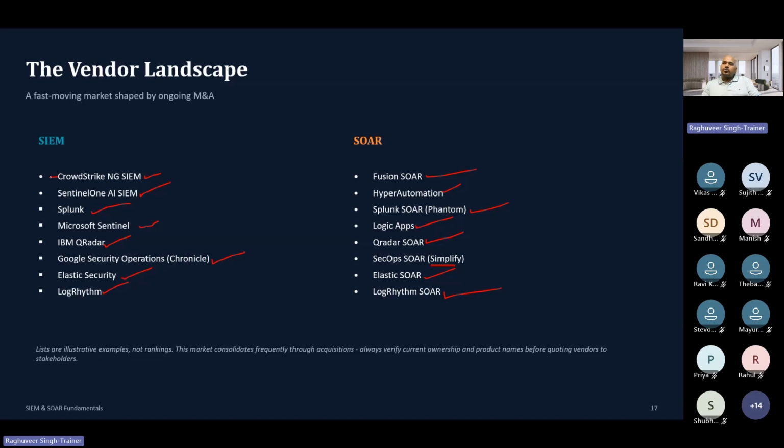The first two, CrowdStrike and SentinelOne, are AI-enabled, machine learning-driven SIEM and SOAR solutions, wherein the majority of the activity is done in the backend using their machine learning logic. Splunk is more of a traditional solution, quite good for on-premises and legacy environments.